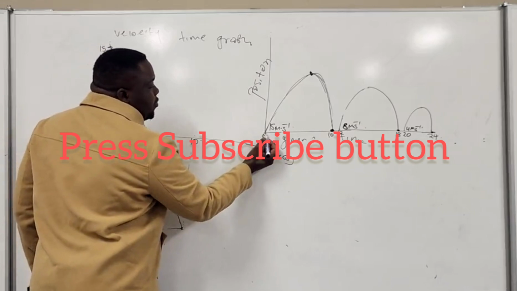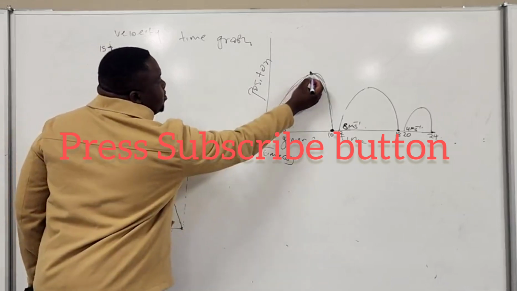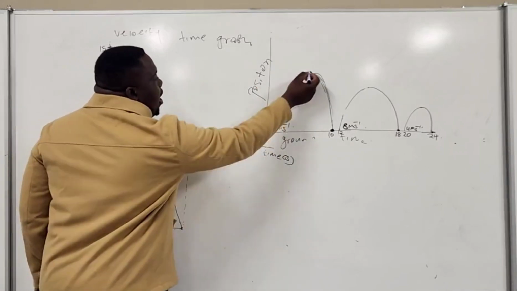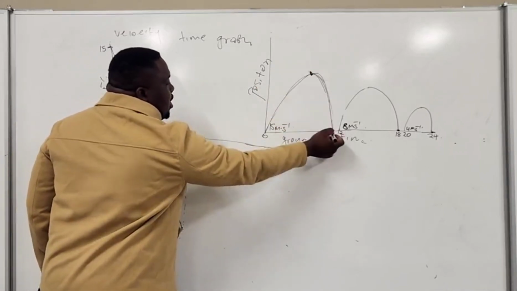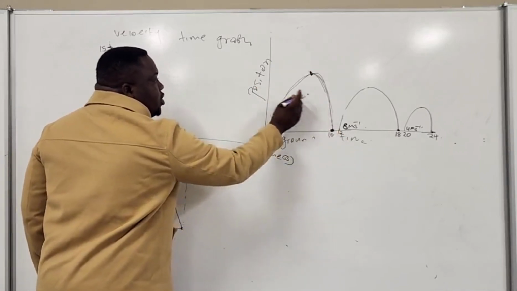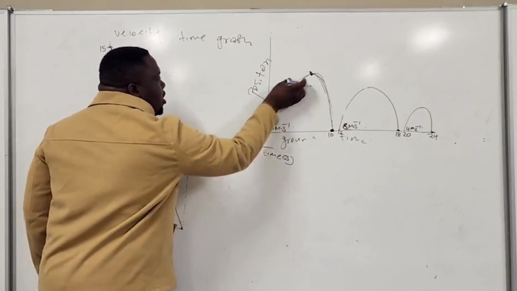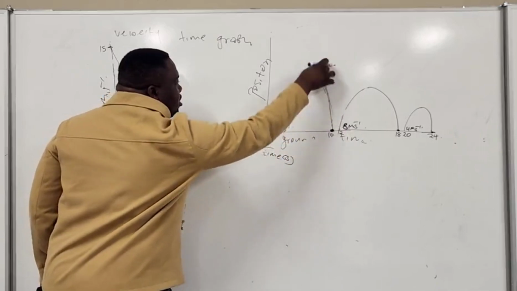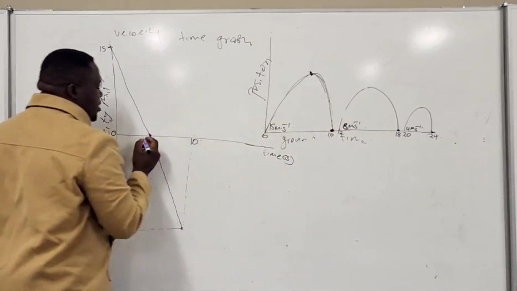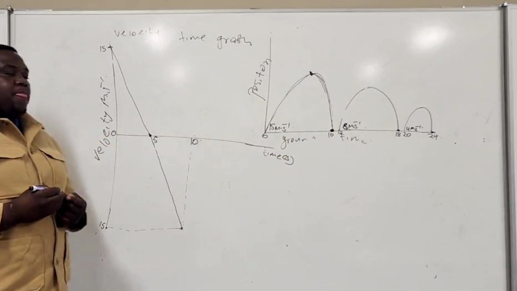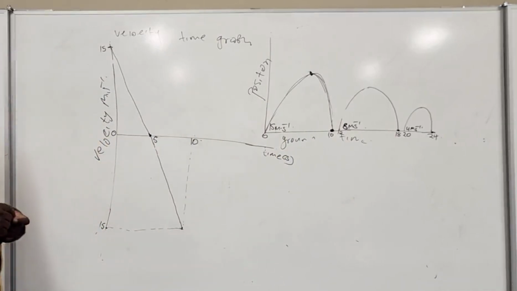But from 0 time until its maximum height, how long did it take? We know that going up and coming down will take the same time. So it means it took 5. So here will be 5 seconds. This is the maximum height. Understand? This is at the maximum height.